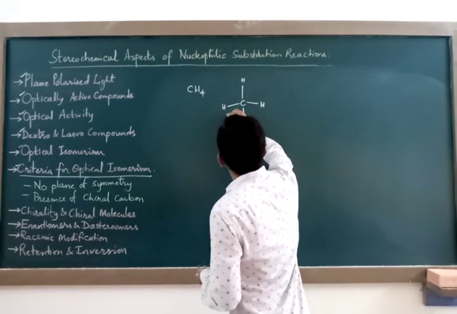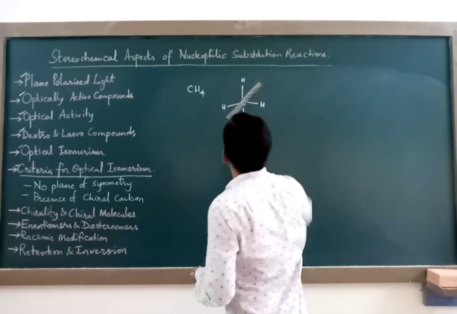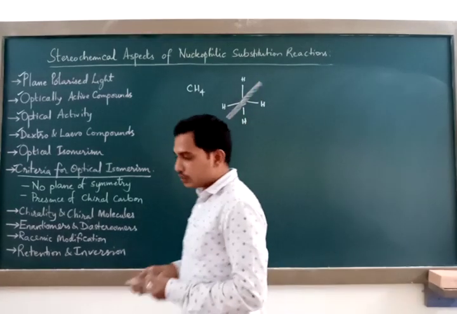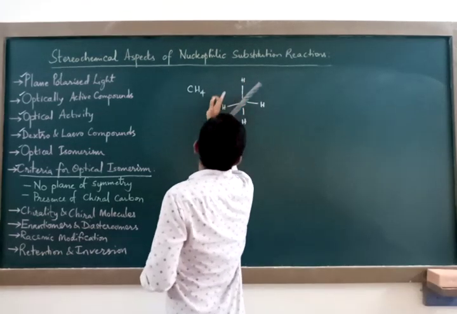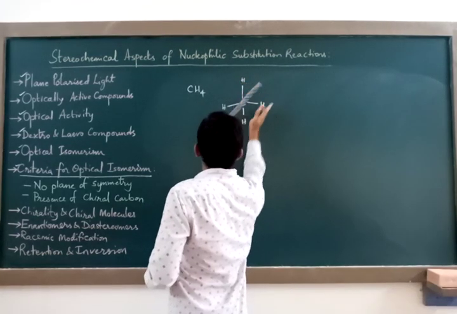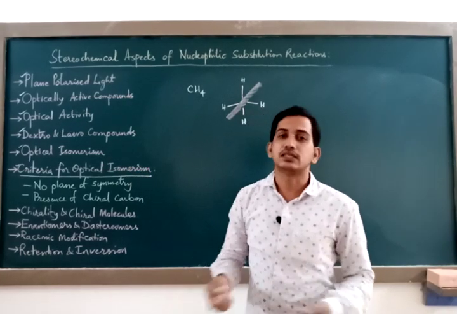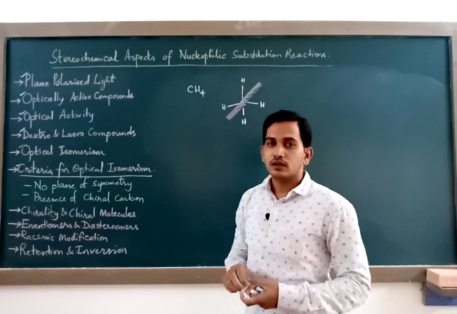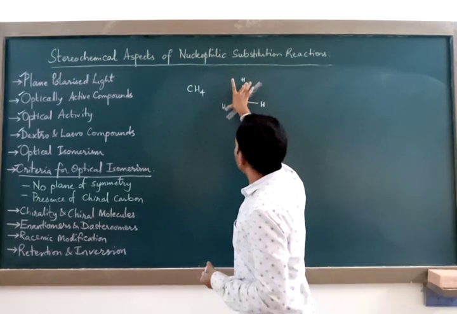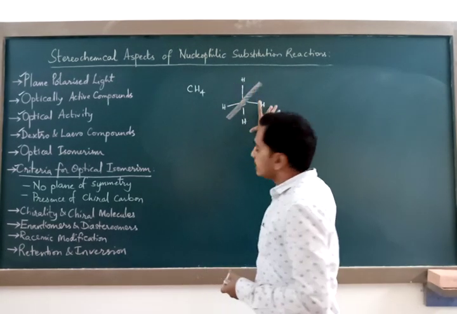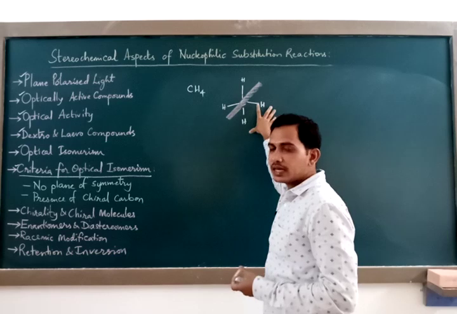For example, if this is the plane. Now if one part of the molecule looks similar to the other part of the molecule, then we say plane of symmetry exists. If this part of the molecule does not resemble the other half, then we say plane of symmetry is absent.